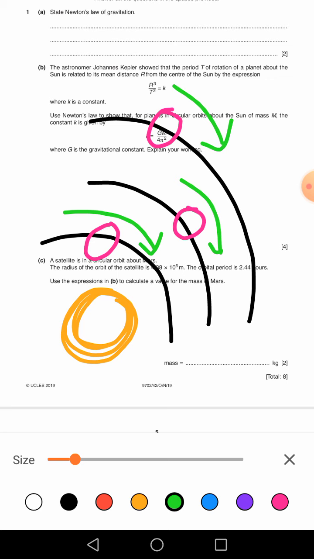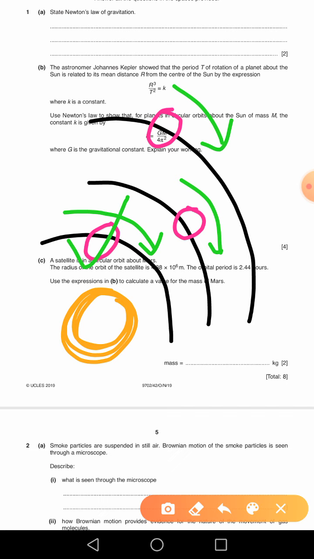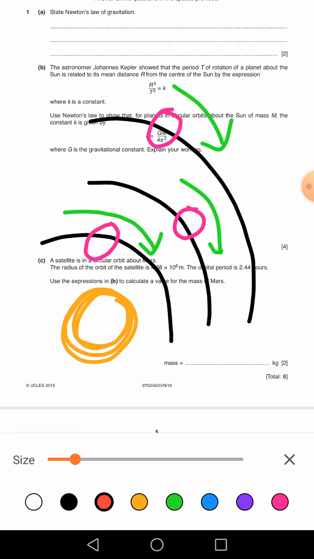For example, for this planet, the distance from the center of the sun to the center of the planet is r1, and its time period is T1. For this planet, the distance from the center of the sun to the center of the planet is r2 and its time period is T2.